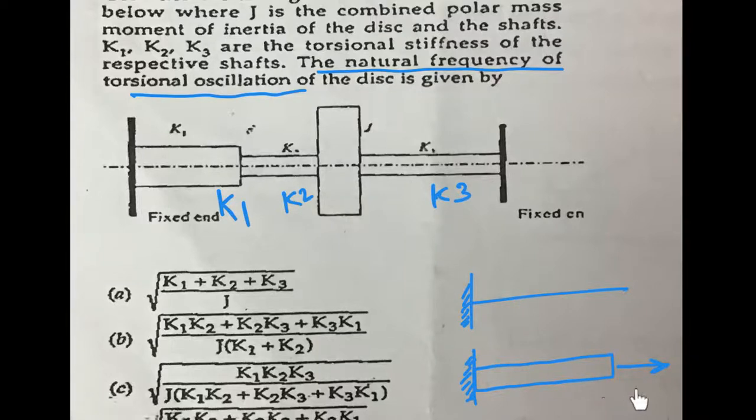The system will vibrate in this way. So this is called axial vibration. In lateral vibration, your lateral stiffness will decide what is the natural frequency. When you have a system vibrating along the axis like this, then the axial stiffness will determine what is the natural frequency of the system.